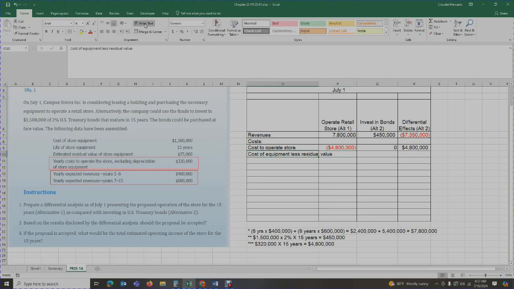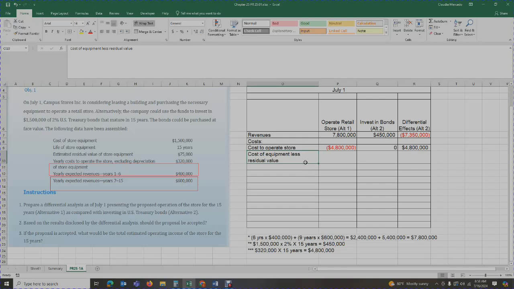The residual value, remember from financial accounting, is basically the value that we are anticipating having, that we can sell this equipment at the end of the term, in this case 15 years. So the equipment that cost us $1.5 million, at the end of 15 years we can sell for about $75,000. That is the residual value.